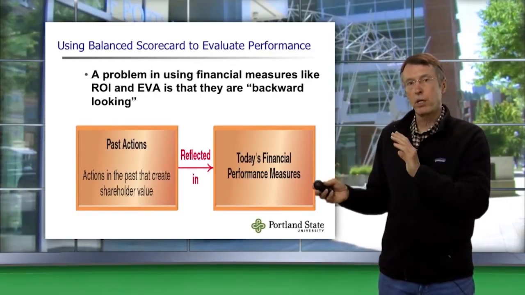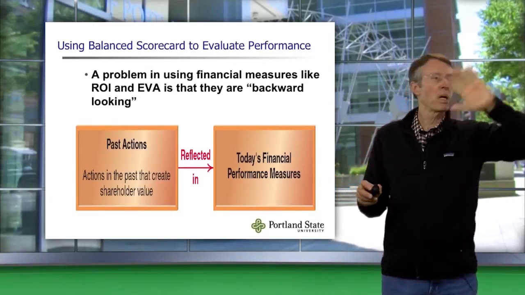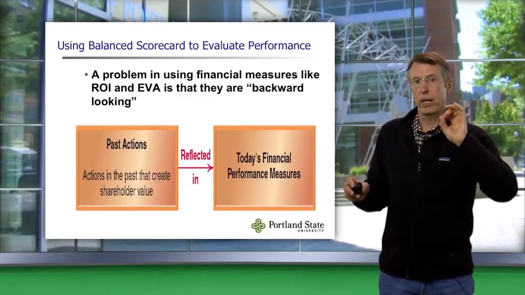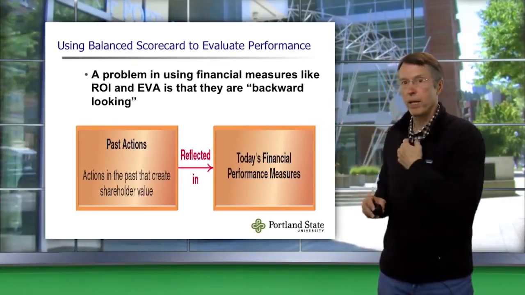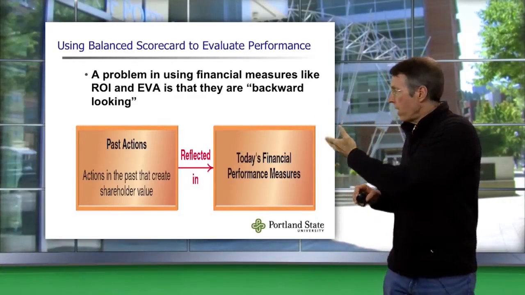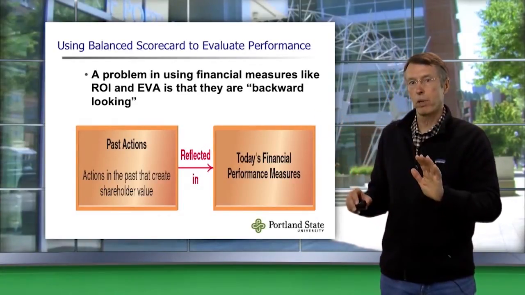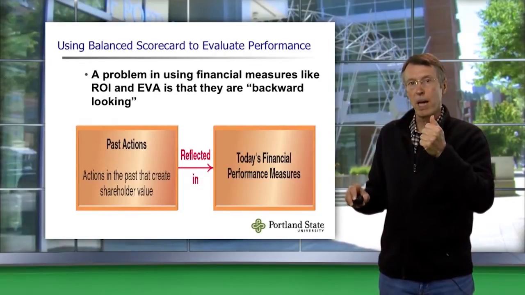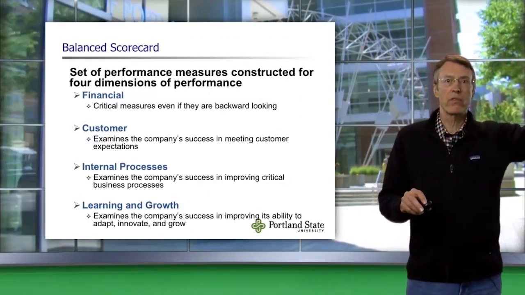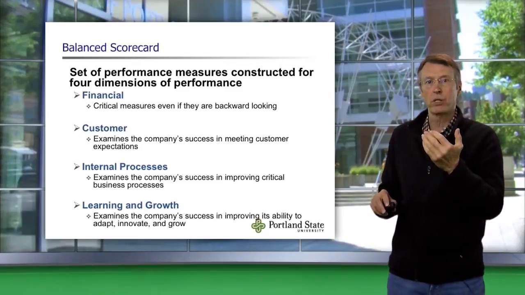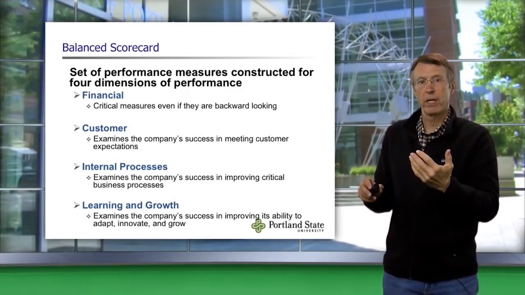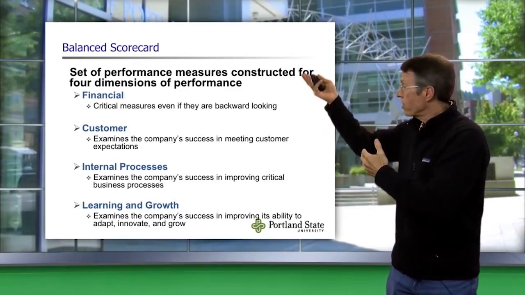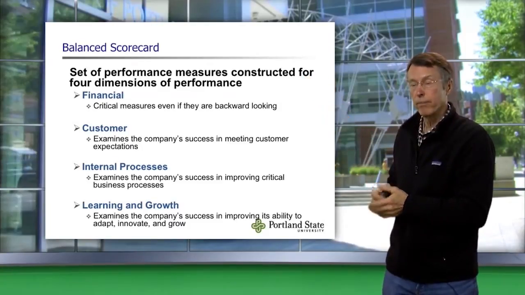What we're trying to do here with the balanced scorecard is get beyond these measures like return on assets and residual income, or EVA, because like financial measures in general, they're backward-looking. So this balanced scorecard moves us into the future and begins to look at measures around 4 different dimensions of performance. Financial, which is the outcome dimension.